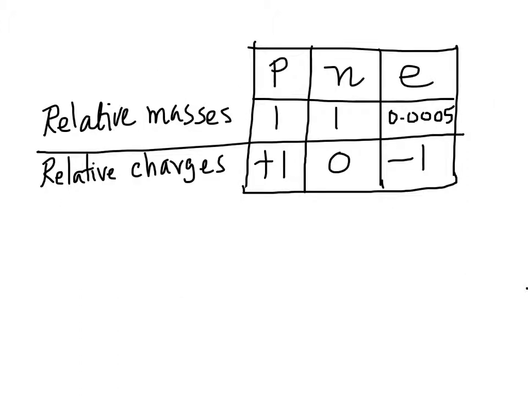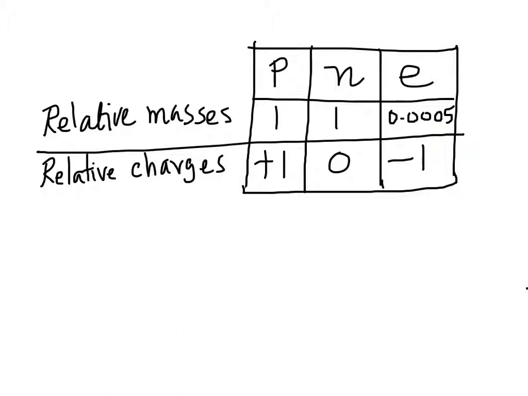You can see here how protons, neutrons and electrons compare in their masses and their charges. If you look at the masses of protons and neutrons, they are the same, and bear in mind this is not in grams, this is just a relative mass showing that the mass of a proton is exactly equal to the mass of a neutron. But the mass of the electron is very small, 0.0005 of the mass of a neutron or proton.